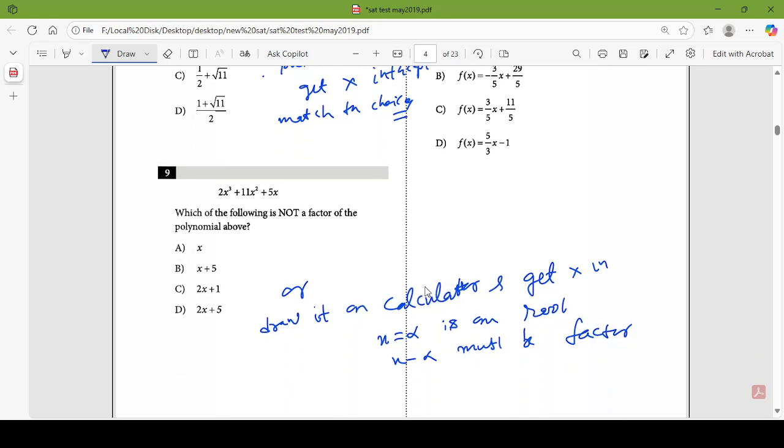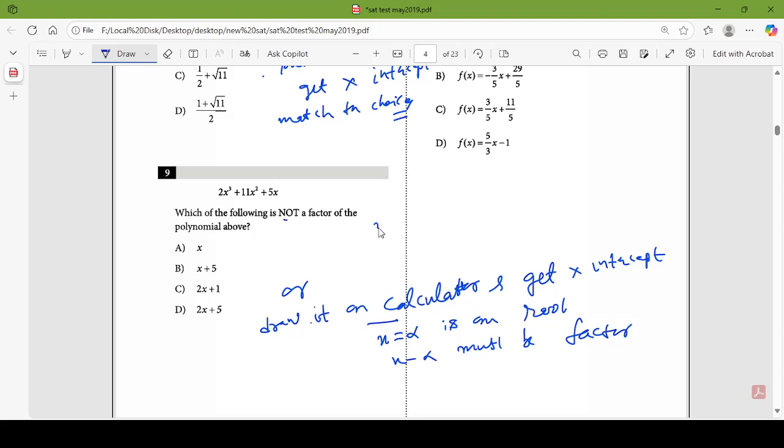Now question number 9, which of the following is not a factor? So again, you can put this expression in calculator and get x-intercept. Once you have x-intercept, then easily you can find out which one is a factor, and then you can conclude which one is not a factor. This is one approach. Or what you can do, you can take out common and you can use factoring.